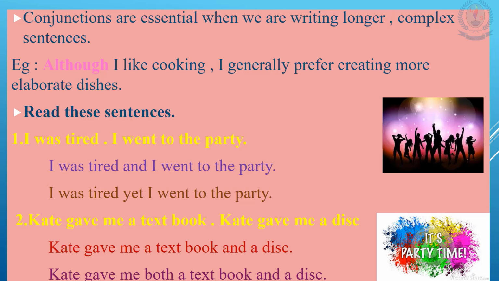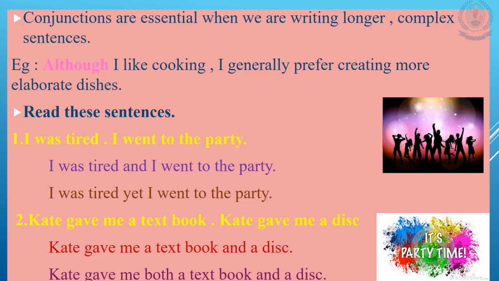I generally prefer creating more elaborate dishes. These two sentences can be joined by using the conjunction although. So the answer will be, although I like cooking, I generally prefer creating more elaborate dishes. So here two short sentences are joined by using a conjunction into a longer complex sentence.